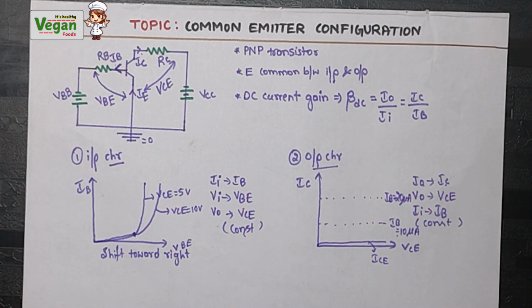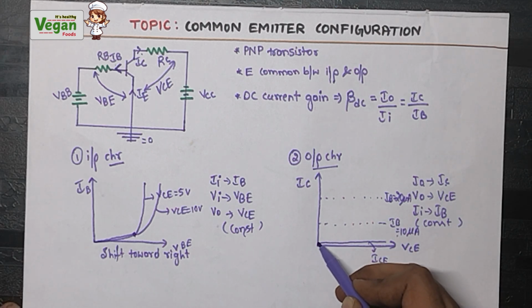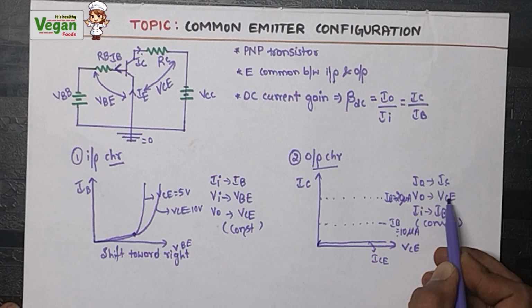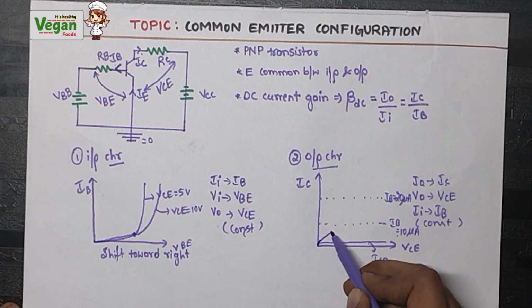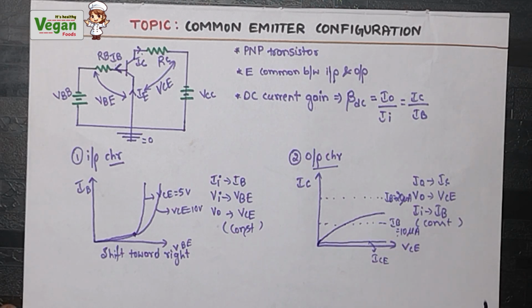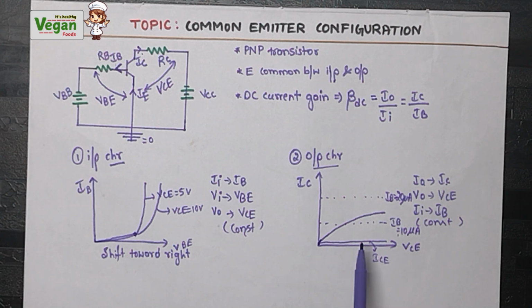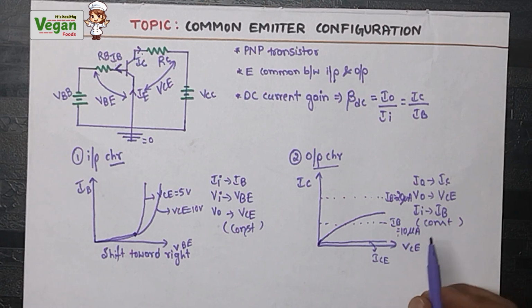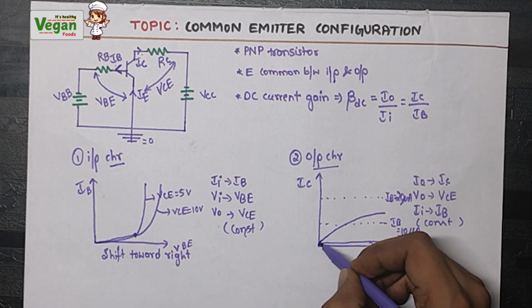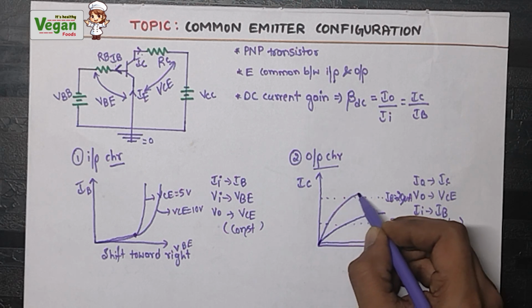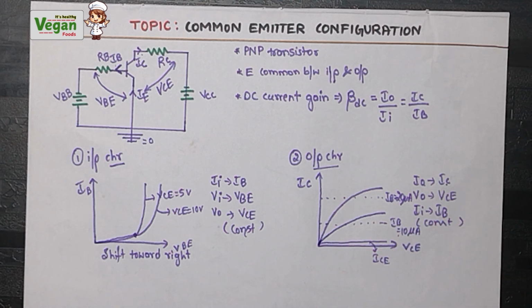In the common emitter configuration, as the output voltage value increases, the current will increase, and it will increase in such a way that the current produced will be more than the constant current we expected. Same as it is, for 20 microampere it will slowly rise and go more than the expected constant current value.